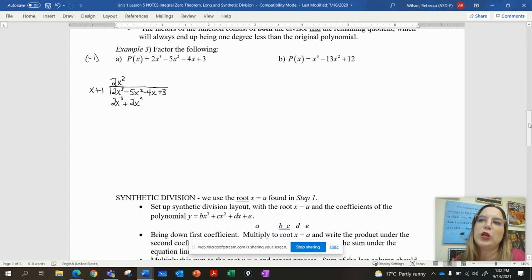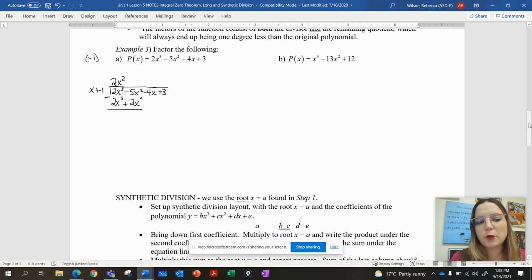I know you're not familiar with long division, but the way it works is after I've multiplied, then you want to subtract. Whatever you have on top minus whatever you have on the bottom. So I have the entire expression, 2x cubed minus 5x squared minus 4x plus 3, and I'm going to subtract the factors that I just found, 2x cubed and 2x squared.